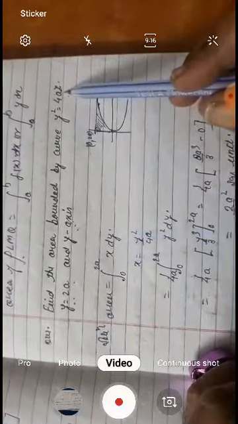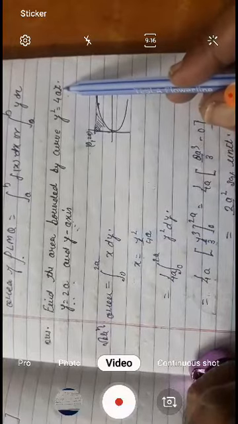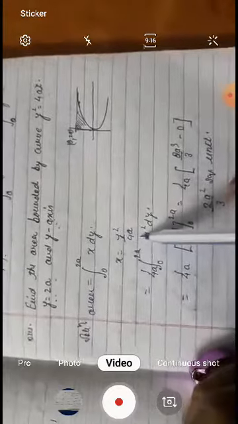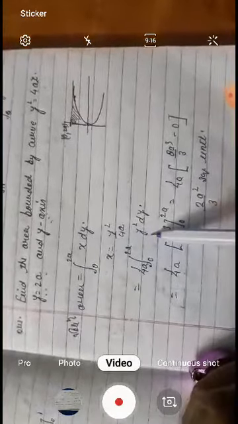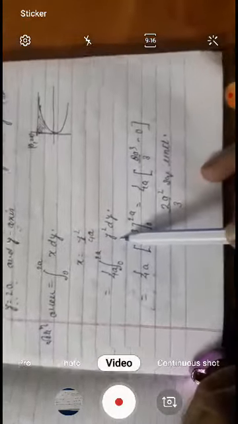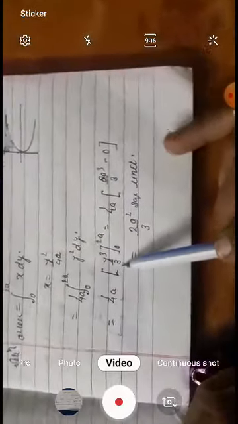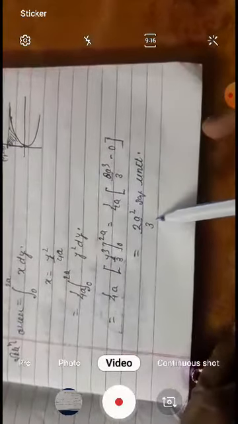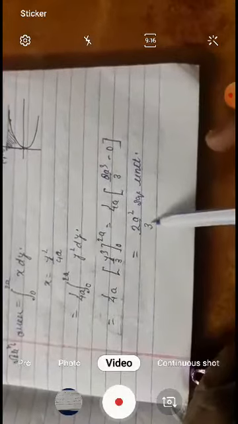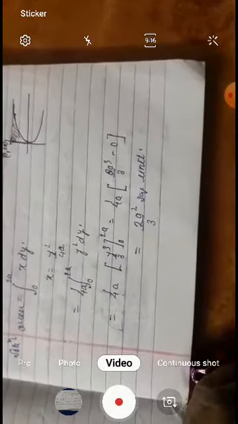Now the value of x we have to find from the equation x is equal to y square upon 4a. Putting the value of y square here and then integrating it, we find the value. This is our final answer.